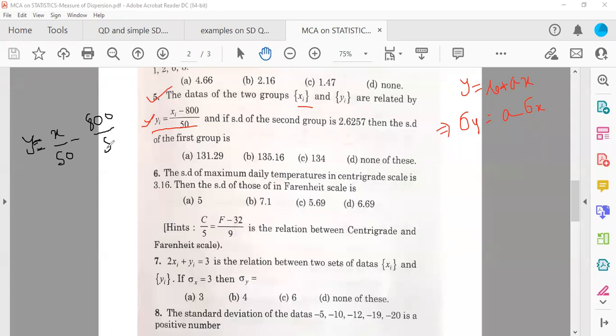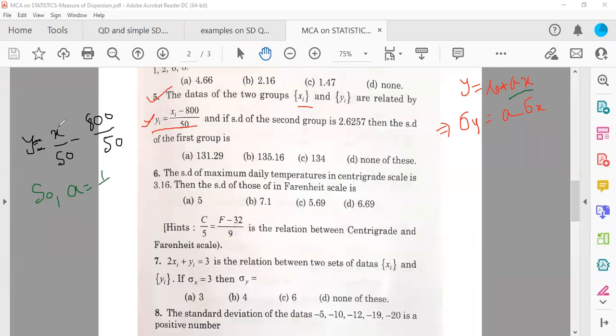So you can conclude ax, the term coefficient of x, right? What is the coefficient of x? So a equal to, you can write, 1 by 50, right?